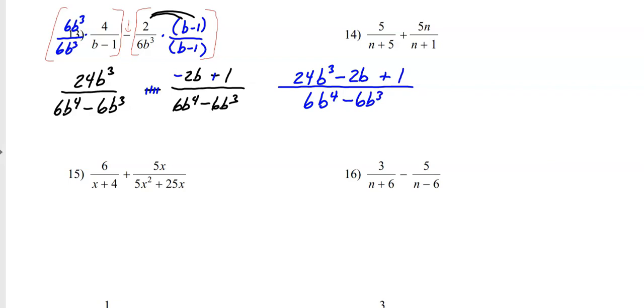Now I could factor that bottom back out, but I really don't see an opportunity on top. B to the third, b's and 1 and numbers, I really don't see a way to factor that. So I think we're about as far as we could get at that point. Let me see if I can maybe break this down somehow.